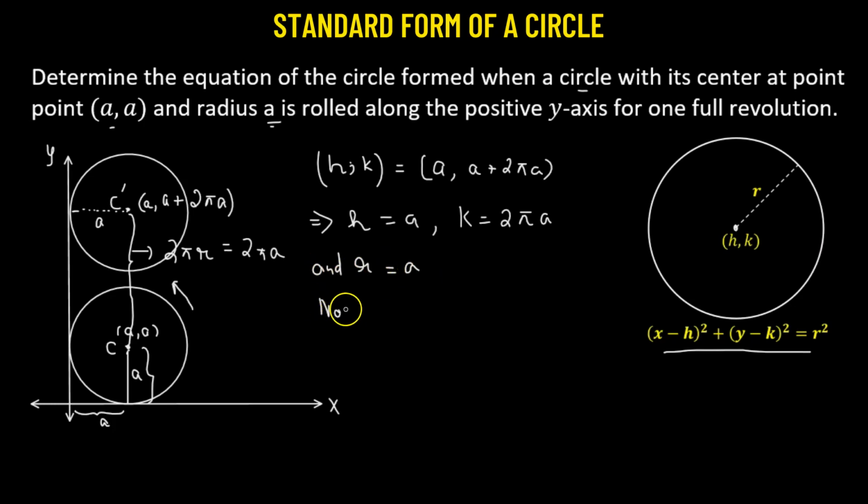Now we can use the standard form of the circle. We're going to get (x minus a) whole squared plus (y minus (2 pi a plus a)) whole squared equals the square of the radius, a squared. So that's going to be the equation of the circle.